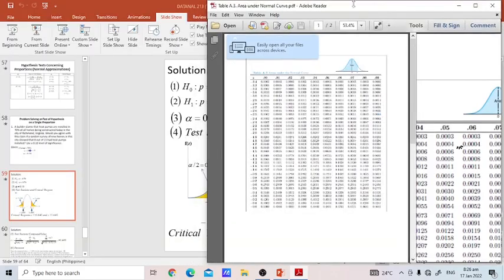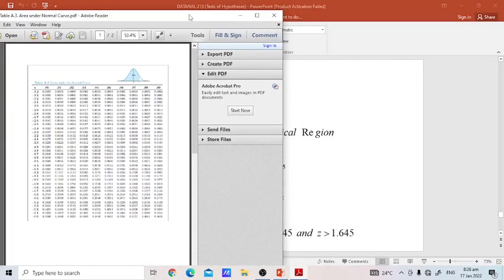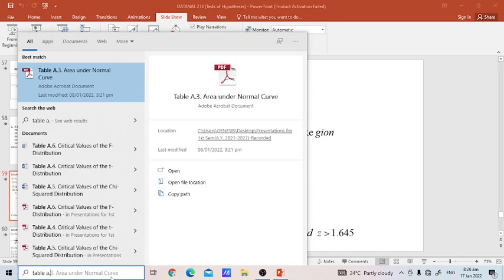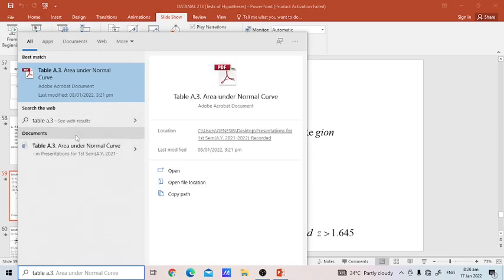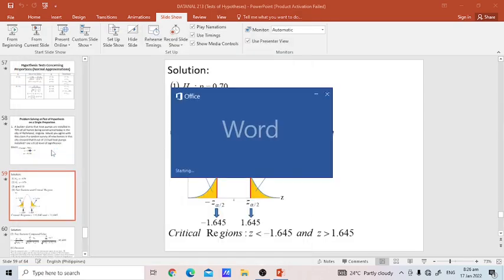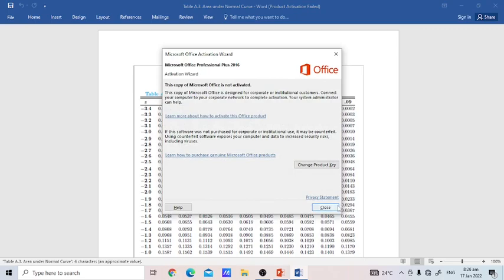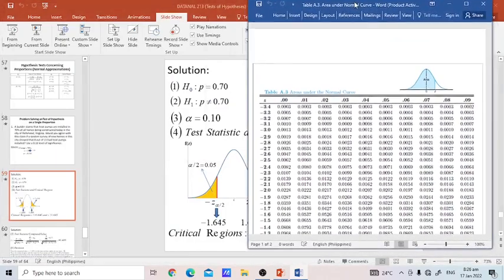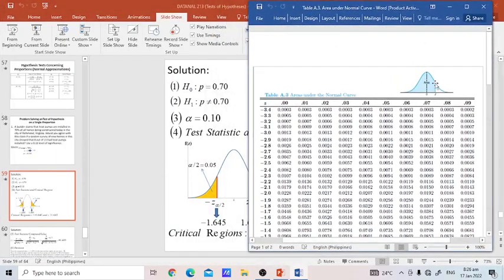Here we have area to the left, and we have 0.05 area to the left. So we're going to locate 0.05. Scrolling down.